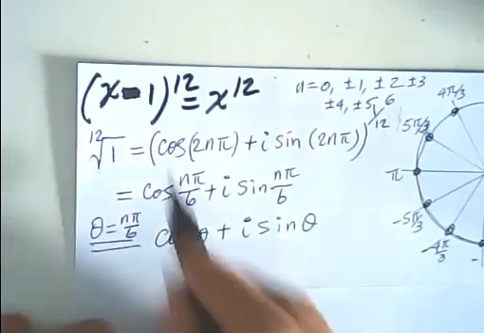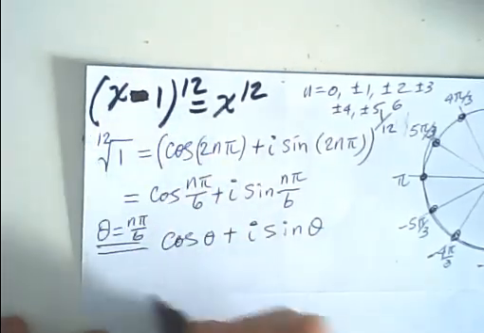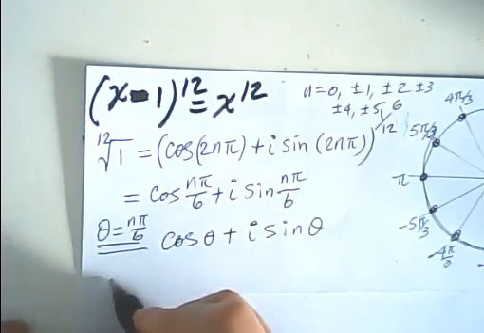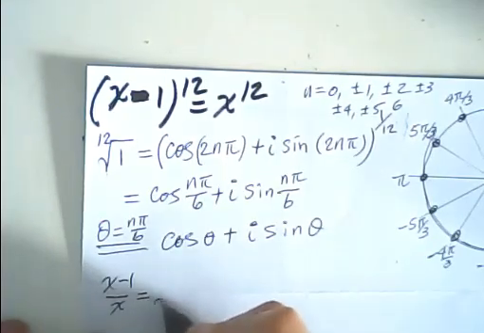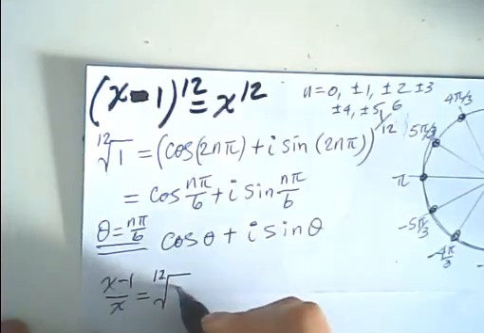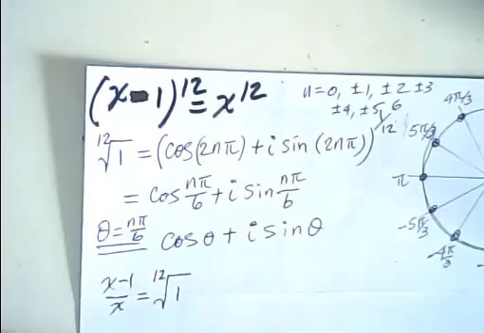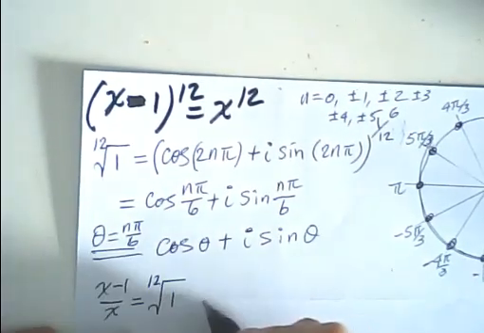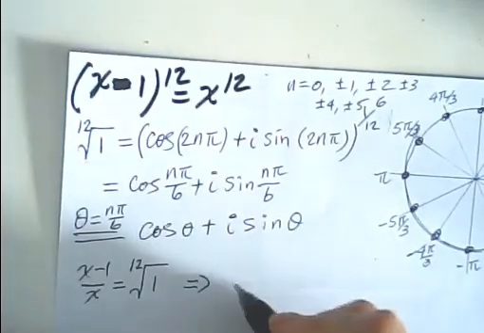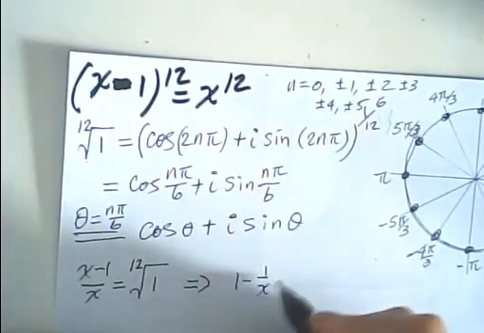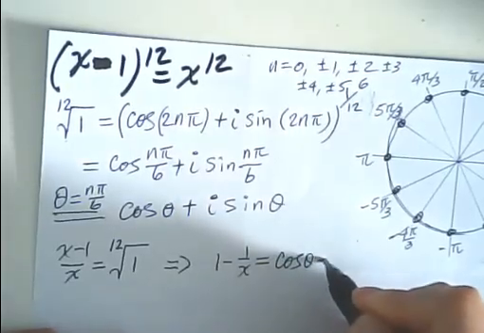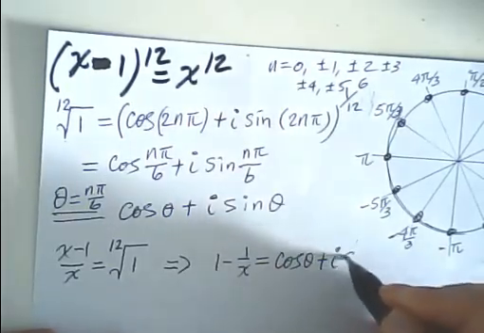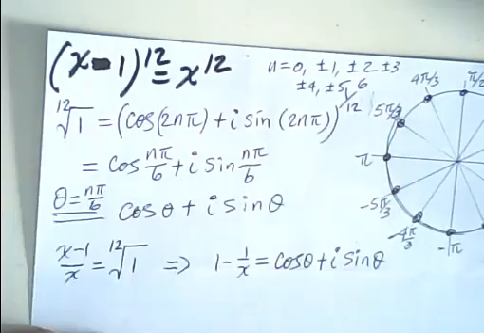Now this equation is actually x minus 1 over x is equal to the 12th root of 1. Okay, so this means that 1 minus 1 over x is equal to cosine theta plus i sine theta.